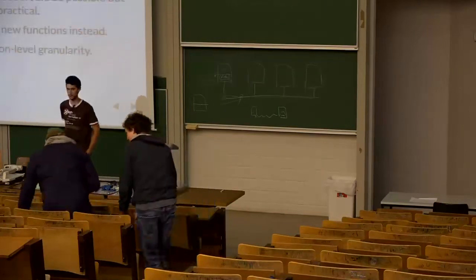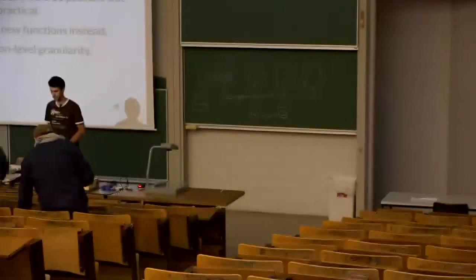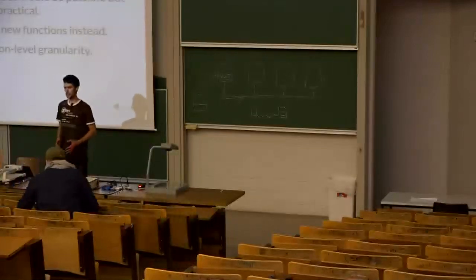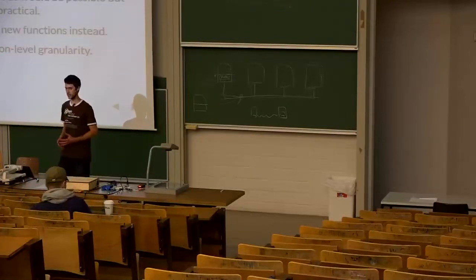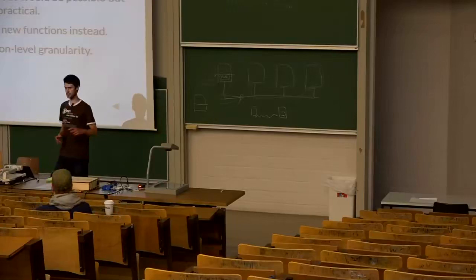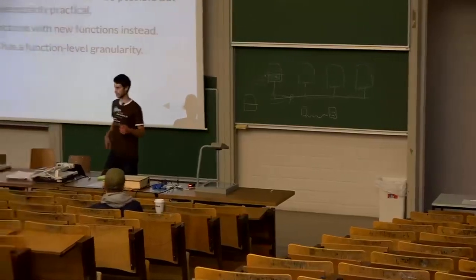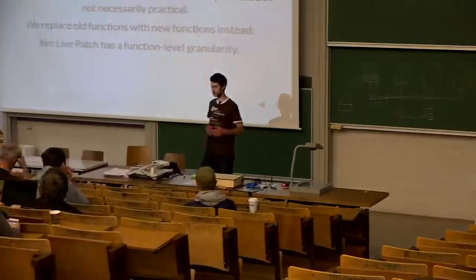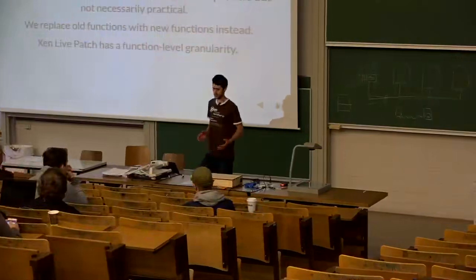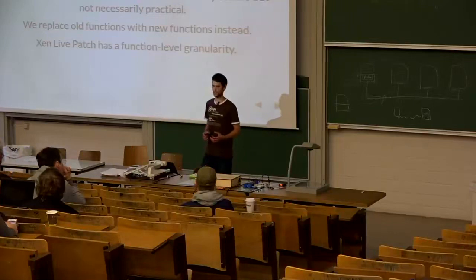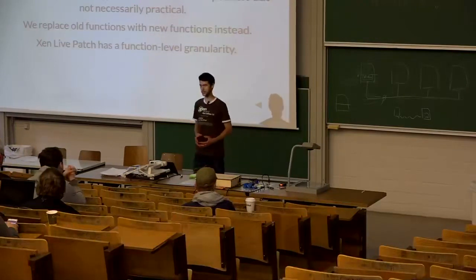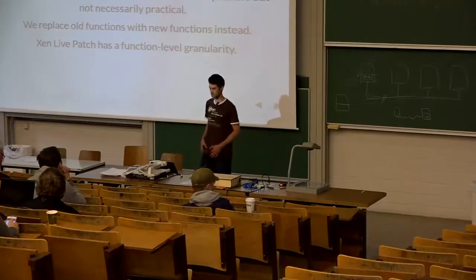So if we look at the basics of what we're doing, it could be possible to do inline replacement of hypervisor code, so just overwriting existing code in memory with some new code. The problem is that we usually want to use this for security issues, and security issues tend to add an extra check or something, in which case the function would get longer and then wouldn't fit in place of the old one.